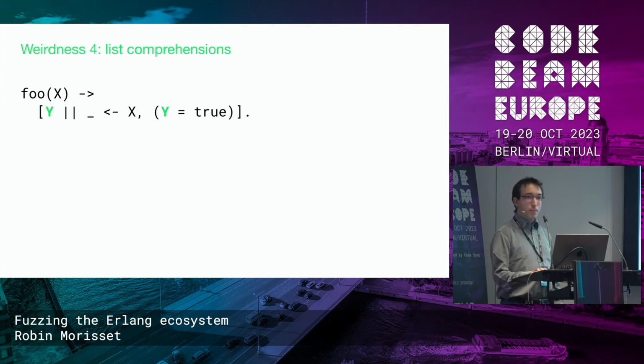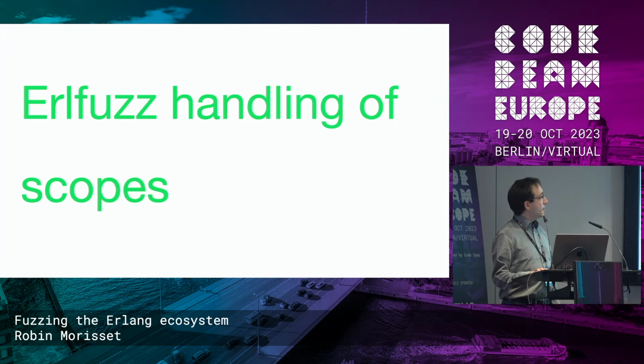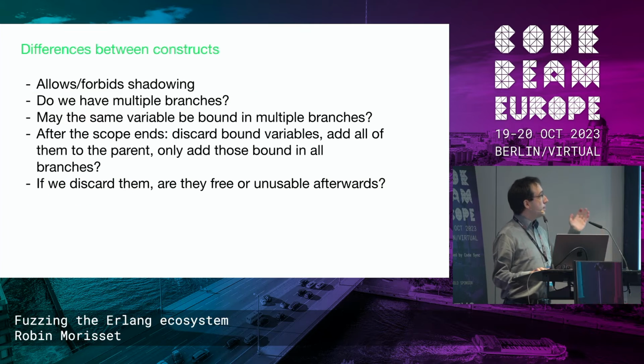So that's a bit depressing, but it's kind of possible to list all of the possible ways that constructs in the language vary. So you can have shadowing or not. You can have an expression with a single sub-expression or several of them.